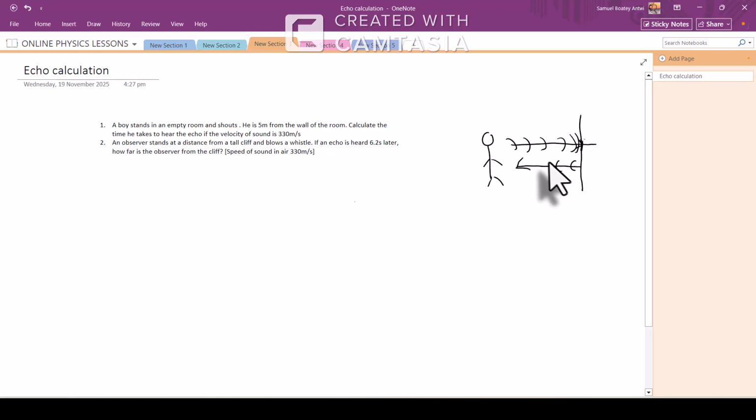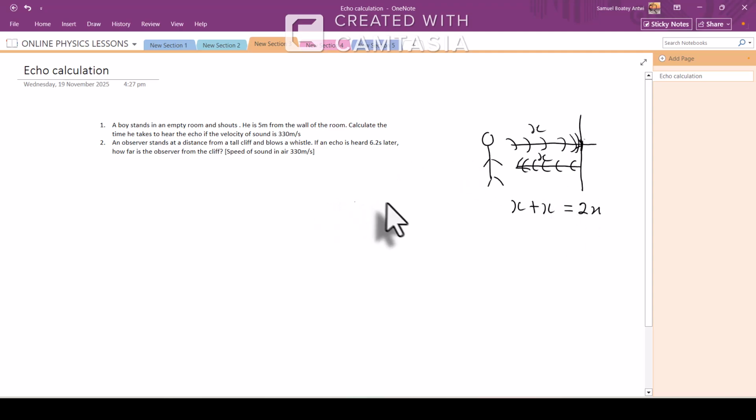I want to show that the sound travels two times. So if this is x and this is x for the distance, we have x as one distance and x as another distance, so we are going to have 2x.